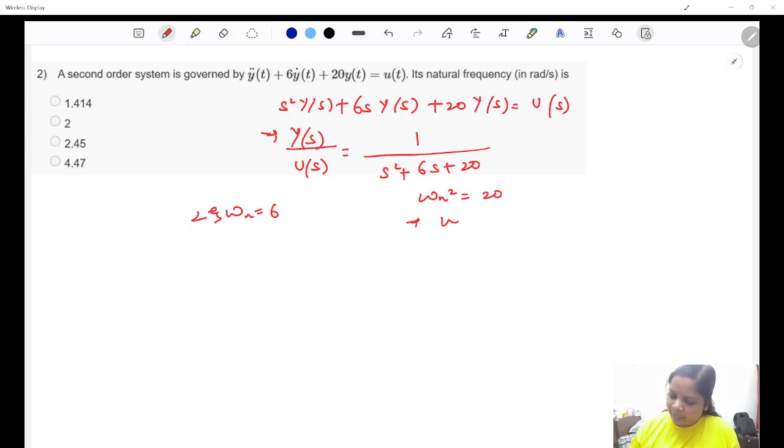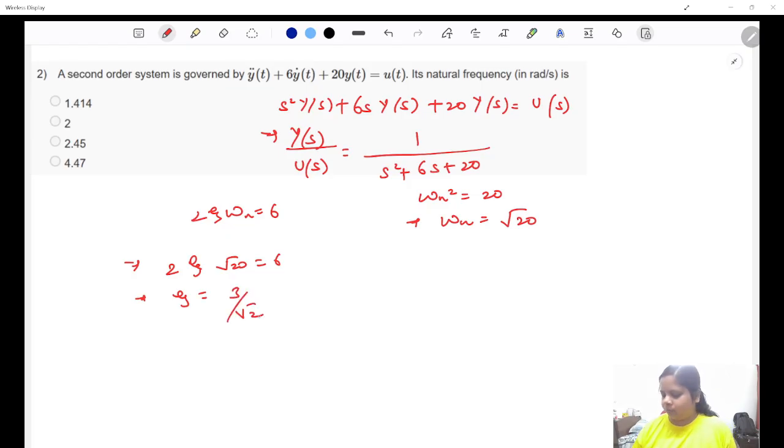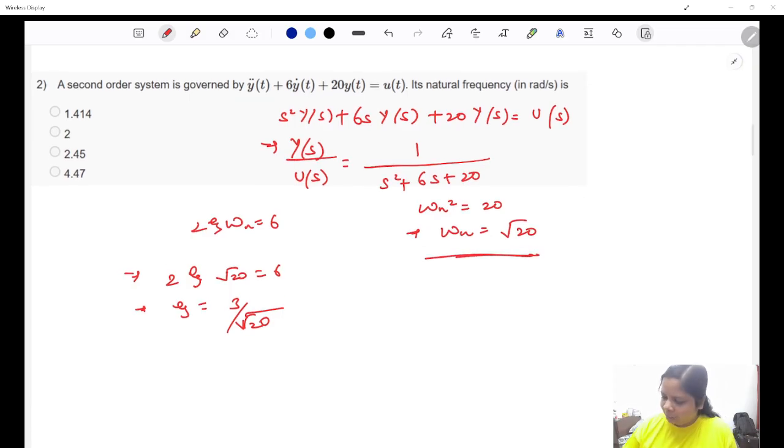So your omega n from here is root 20. I am not simplifying it for now. From here 2 into zeta into root 20 is equal to 6. So zeta is 3 by root 20. We'll see whenever the question is asked. First of all, omega n is root 20. What is my question asking? The natural frequency, omega n.